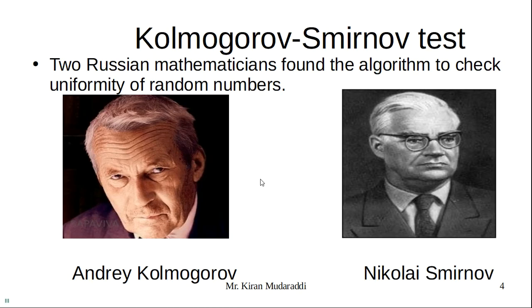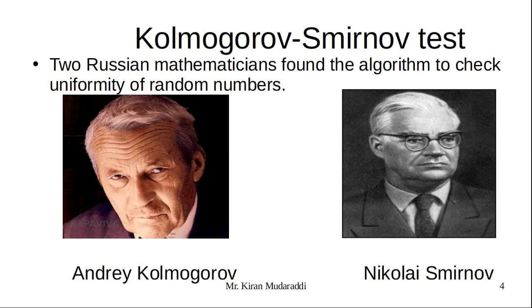Kolmogorov-Smirnov test. Two Russian mathematicians found the algorithm to check uniformity of random numbers. In the previous video lecture, we discussed that being uniformly distributed is one of the characteristics of random numbers.